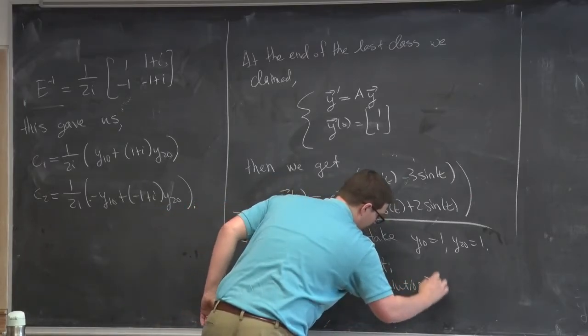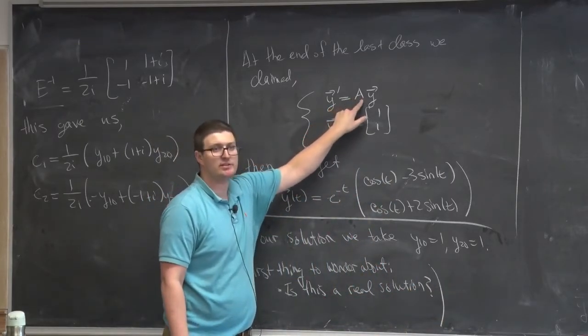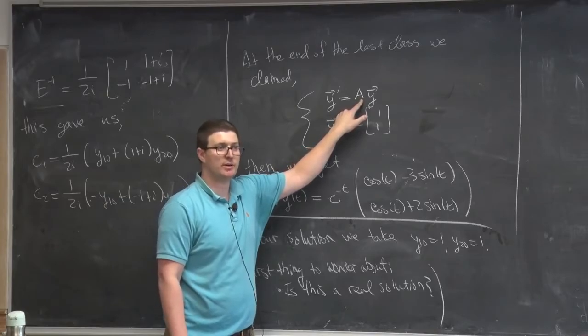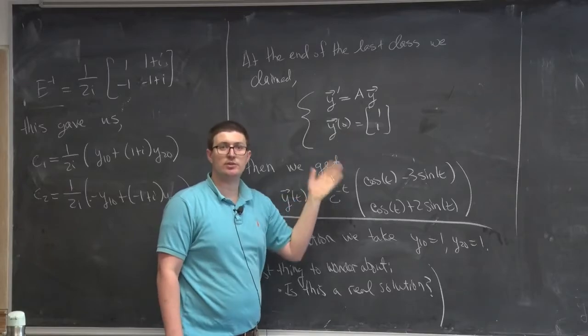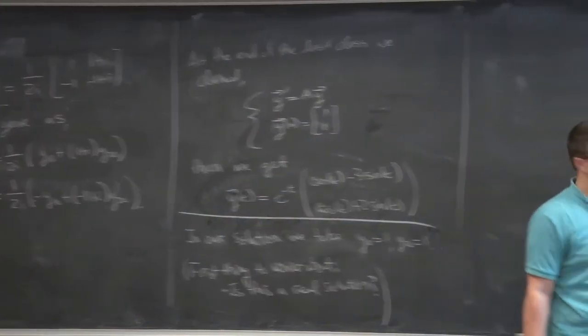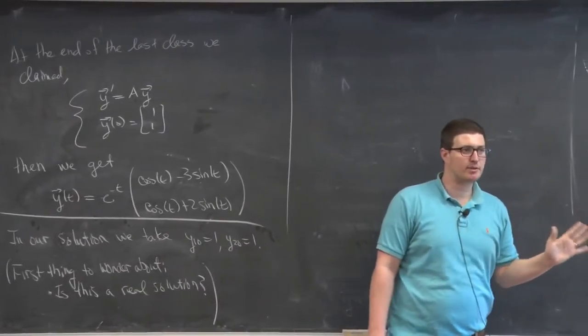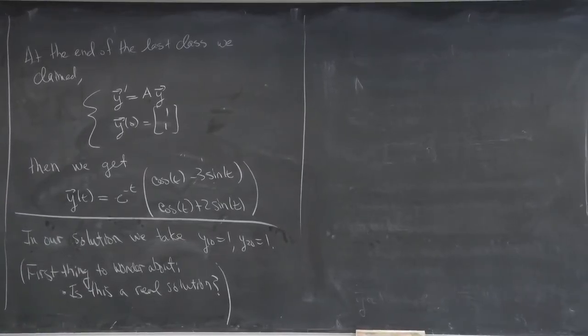Right? So we have a real matrix. This matrix has real entries, right? It's a very particular 2 by 2 matrix. The initial values are real, right? So the solution should be real. Yet it looks like the solution has a bunch of complex numbers in it, right? So that's something we should be able to verify quickly. Okay, so let's do that.